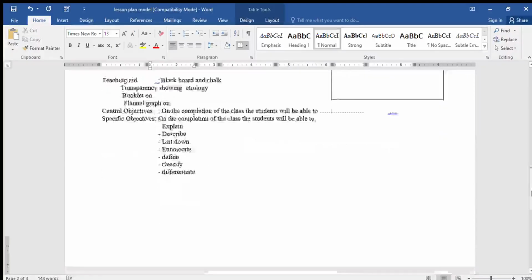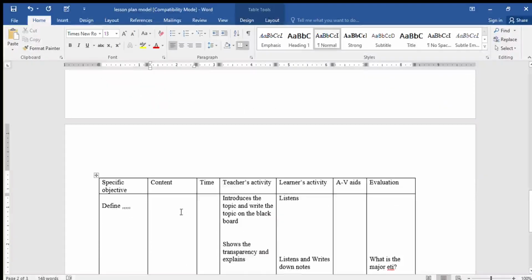The same order should be followed here. Then the content you have to write, and the content time should be tallied. You may have 45 minutes or 30 minutes, however much time is given, that should be tallied. And the teacher's activity and learner's activity should be in the present tense, that is introduces, listens, writes down, shows, explains.